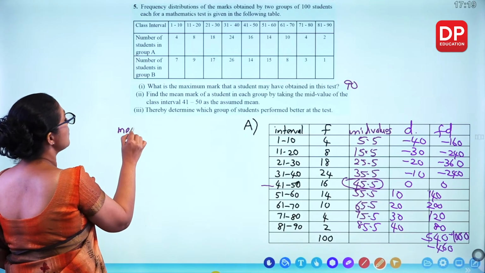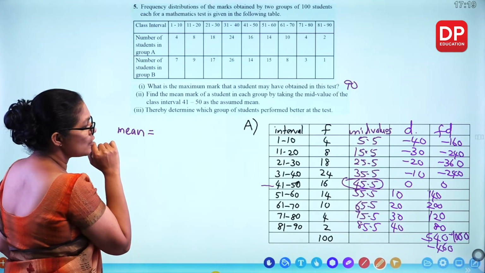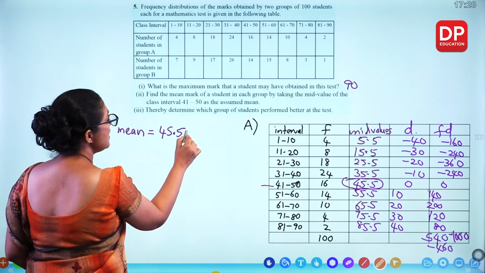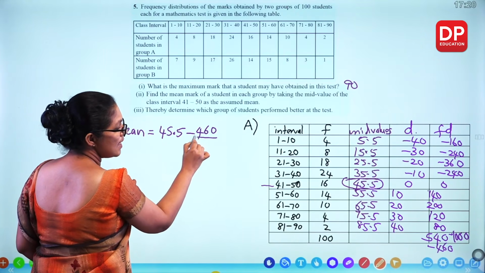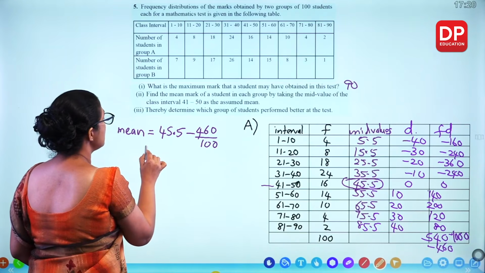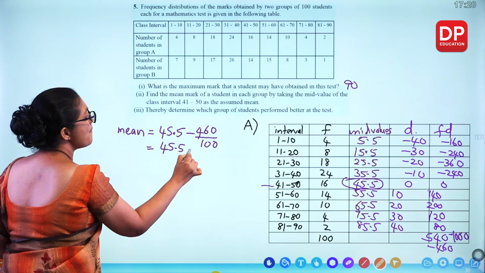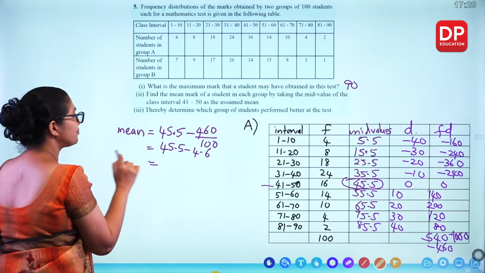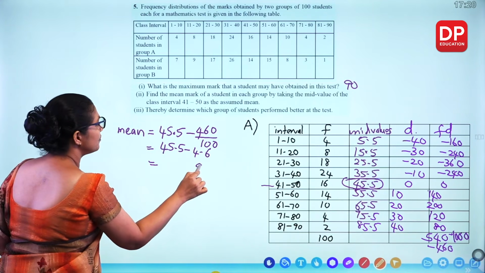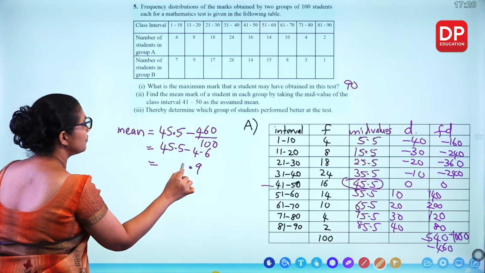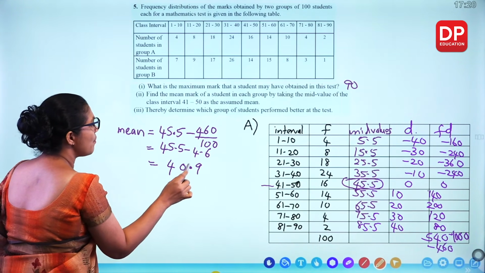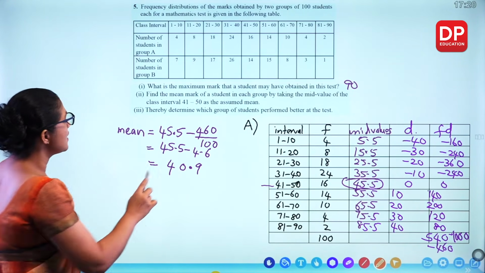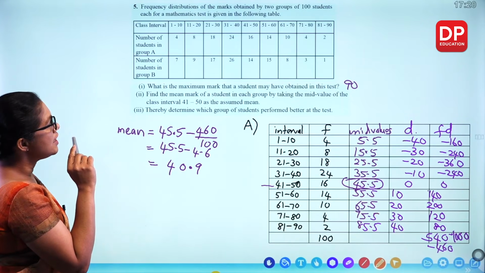So the mean is equal to assumed mean 45.5 and the mean deviation is negative 460 divided by 100. So this is 45.5 minus 4.6. Subtract. What's the value? You get 40.9 as the mean value. So what it means? That's the mean mark of a student in each group.